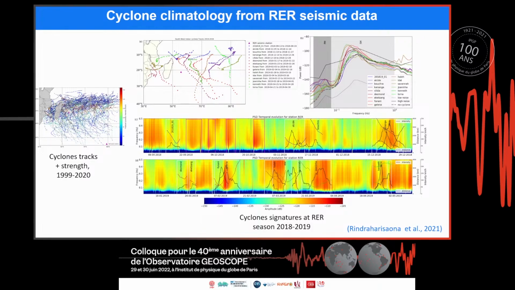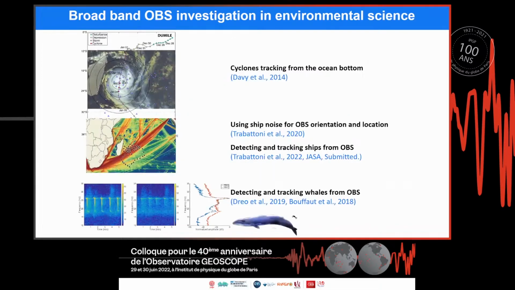We can clearly retrieve the signature of these cyclones in the primary and secondary microseismic maps. I will not detail the story, but we can retrieve long-term climatologic information from this kind of station.